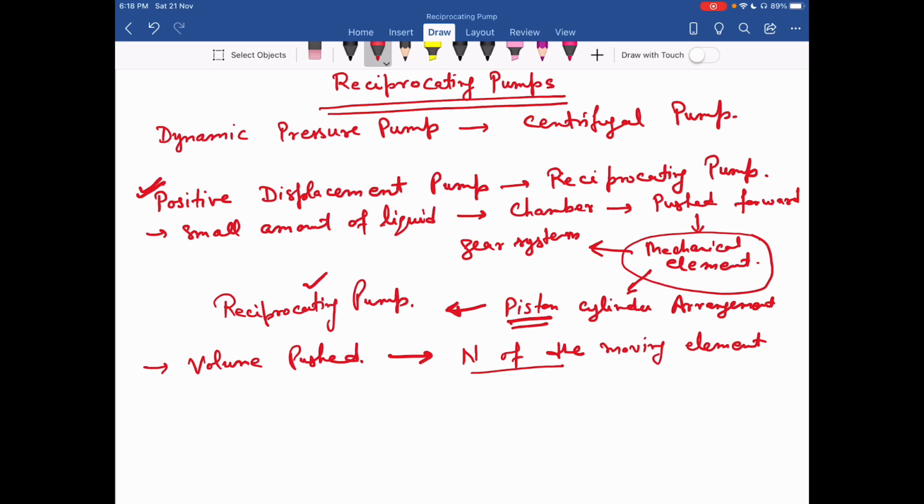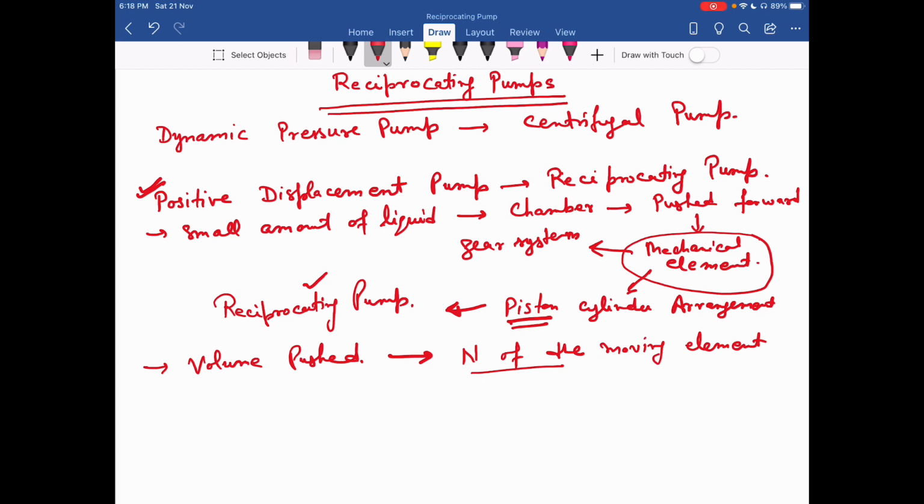But nowadays, the use of reciprocating pumps is limited, as they are replaced by centrifugal pumps. But in industry, in some applications, the reciprocating pump is used.